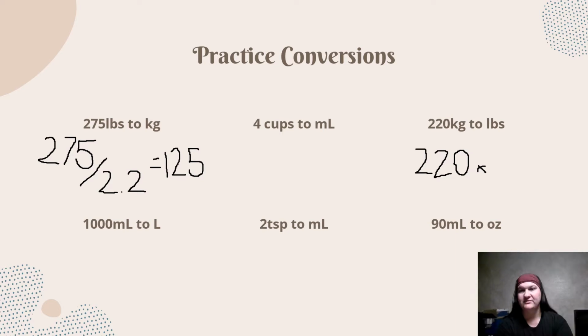This is actually the second time I've recorded this, and I tried to do it with Zoom and just record it with my tablet, and it didn't work. 220 times 2.2. So that's a big person. 220 times 2.2. You get 480. Ooh, golly.